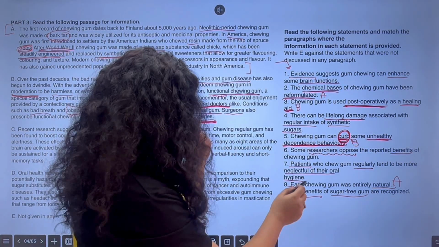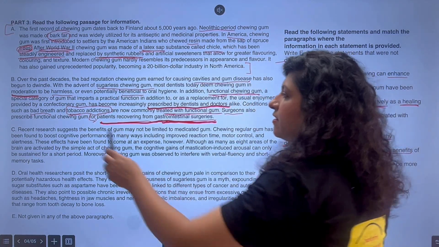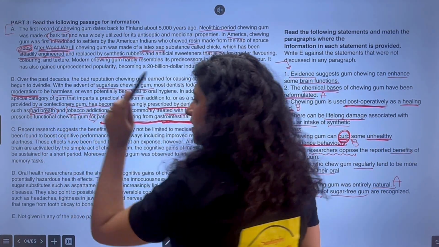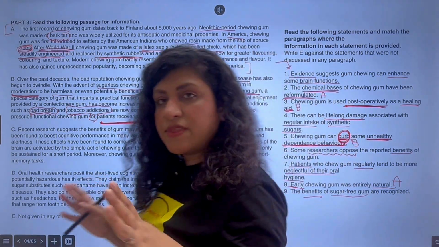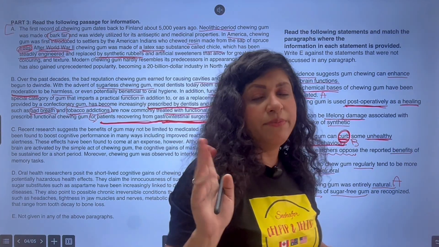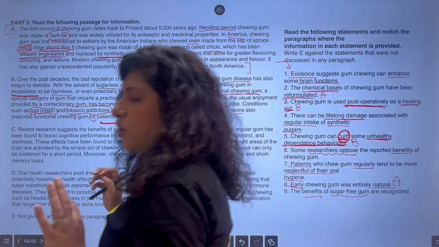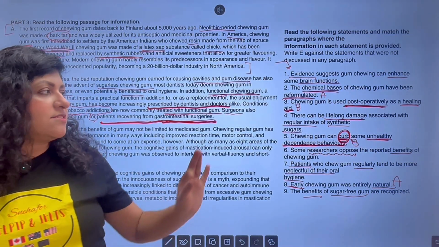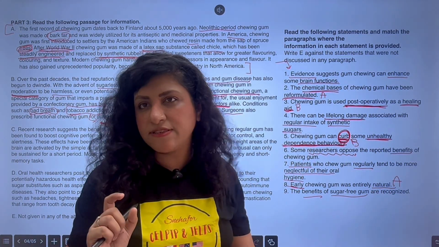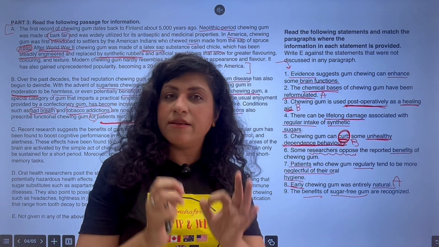Now, if you look at the keywords, oral hygiene, and if you try to match it with bad breath, you might think that these are one and the same thing. But it's a trap. Be very cautious about such things in your CELPIP. Do not answer only on the basis of certain keywords. Try to understand the complete meaning.